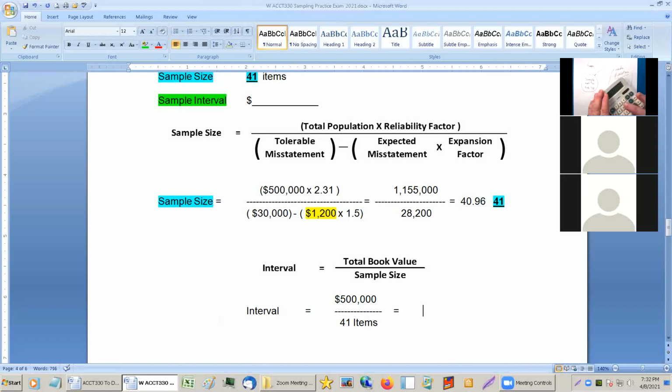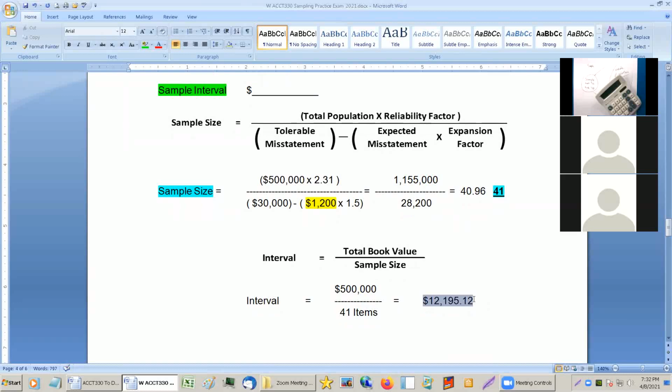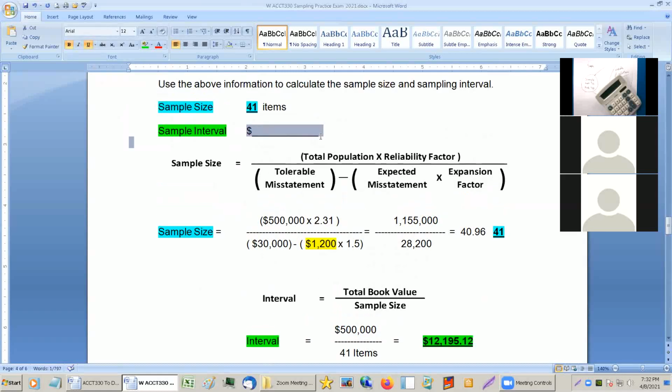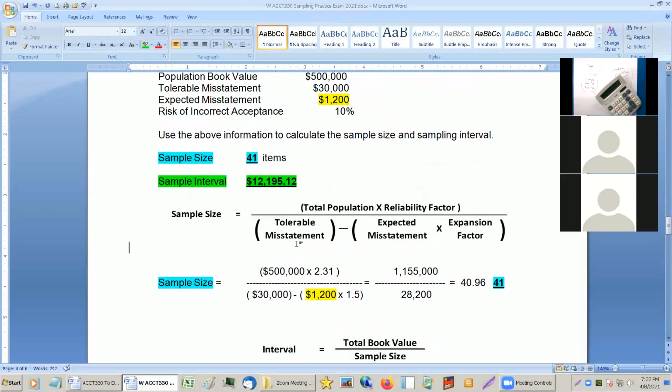Equals some number, $12,195.12. Okay, so that's that one.